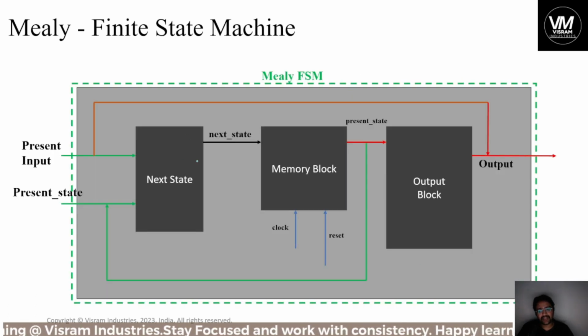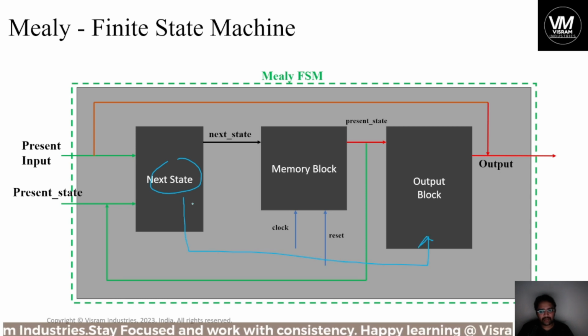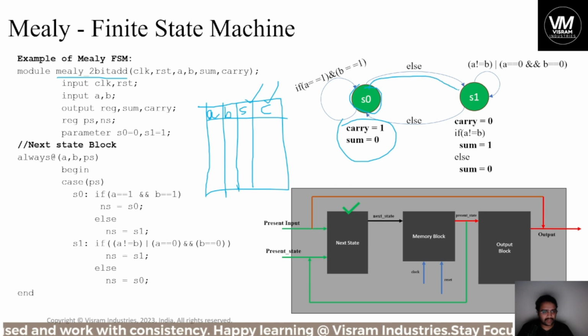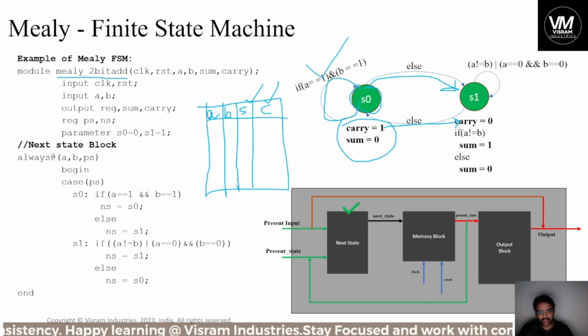That is what I am explaining. At the next state, it is interrelated to the output block. What is the next state and what do we get as the output? When it is going there, the output is changing from carry 1 to carry 0.